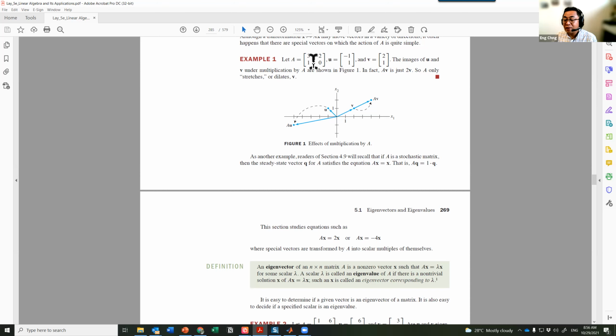So then you say it's a scaled version of itself. So we want to say a non-trivial eigenvector. Non-trivial means the 0 vector cannot be an eigenvector. All right, let's proceed. So we are done with this.